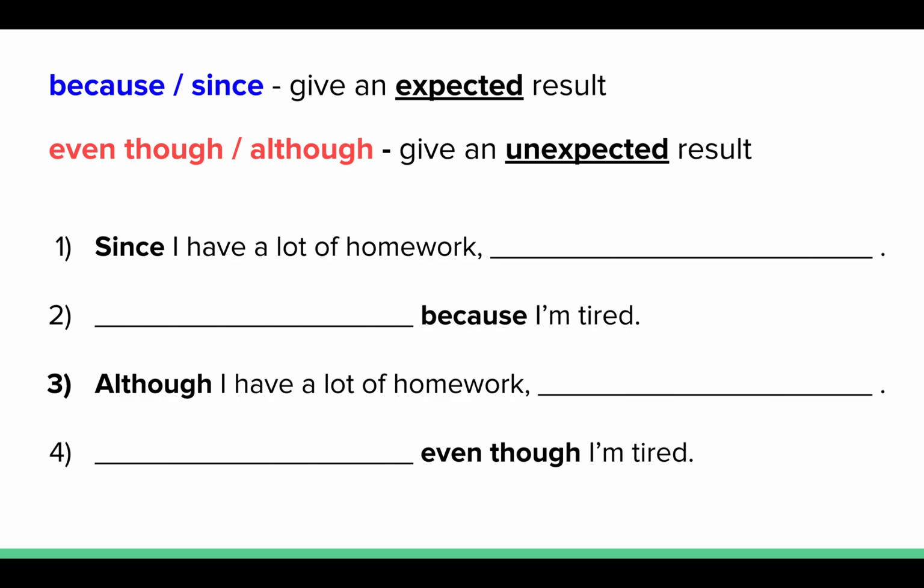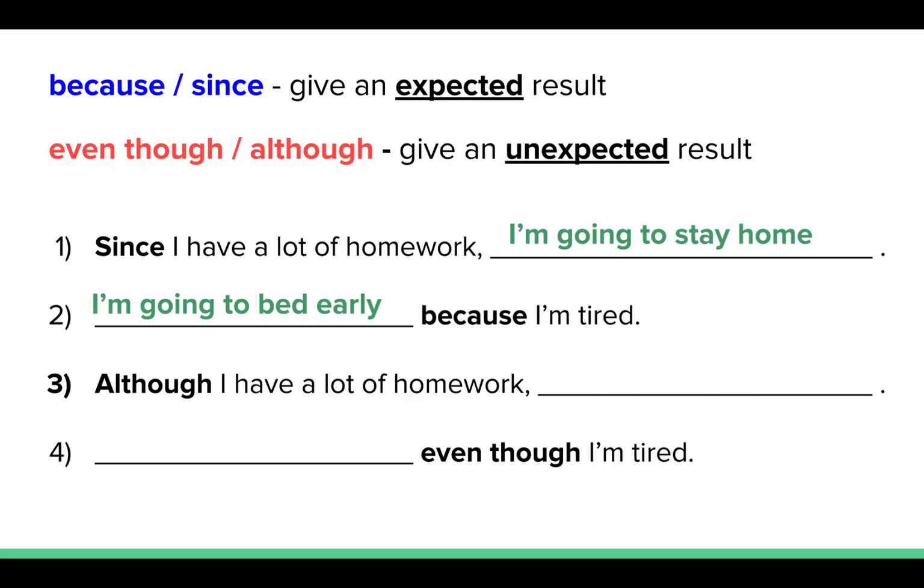Number 1, since I have a lot of homework, I'm going to stay home. That's logical. That's reasonable. That's what normal people do. Number 2, I'm going to bed early because I'm tired. Again, that makes sense. If you're tired, go to bed, right? Number 3, although I have a lot of homework, I'm going to go out with my friends.